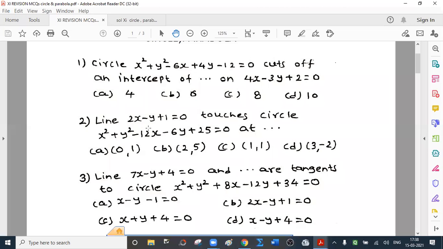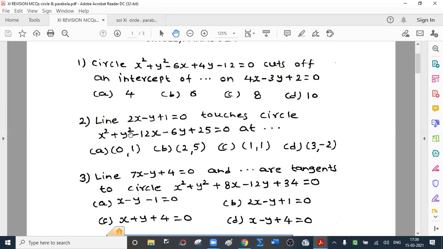Second, line 2x minus y plus 1 equal to 0 touches circle x square plus y square minus 12x minus 6y plus 25 equal to 0 at. See, you have to use common sense. The point will lie on both the line as well as the circle. So it is possible that the point in only one option satisfies the equation of the line. So in that case, we will declare that it is the correct answer. For example, 0, 1. Does 0, 1 satisfy this?